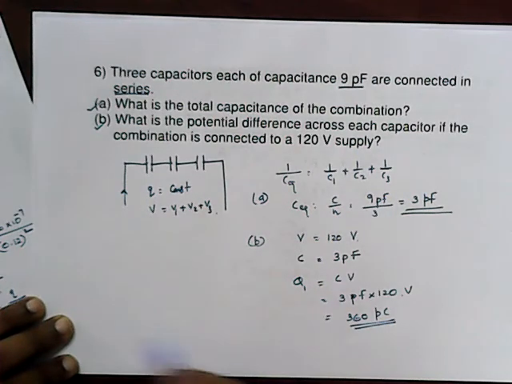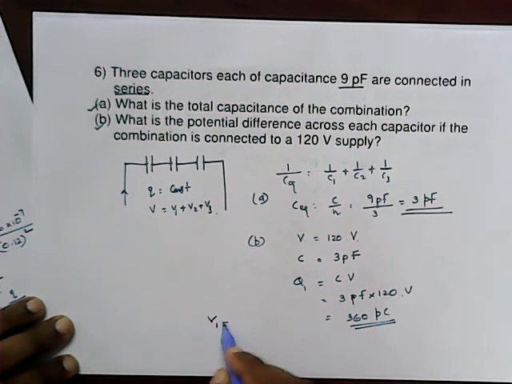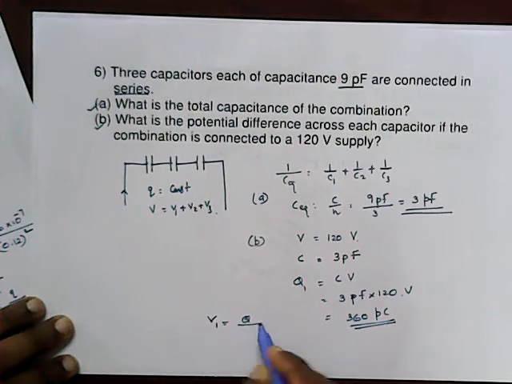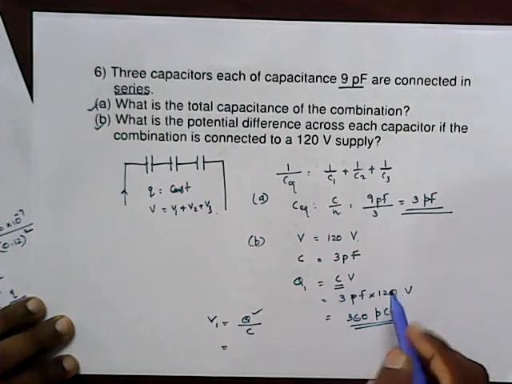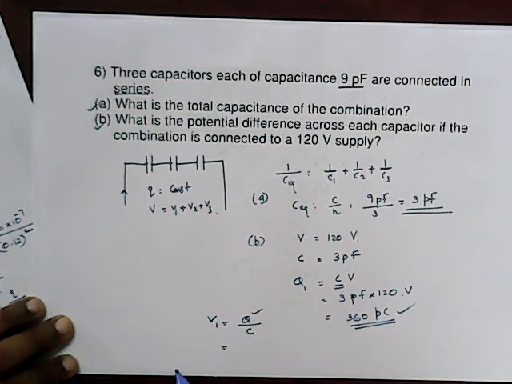Potential is nothing but the charge divided by the capacitance. The charge here is 360 picocoulomb, divided by the capacitance of the individual capacitor, which is 9 pF.